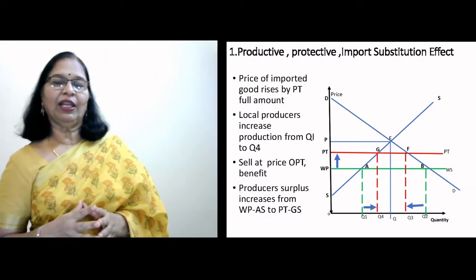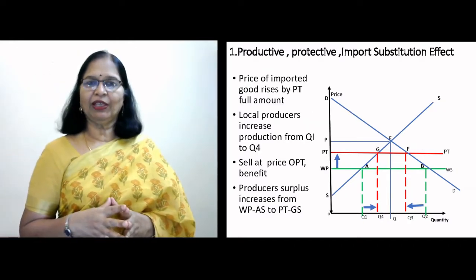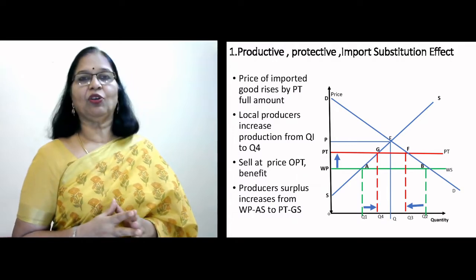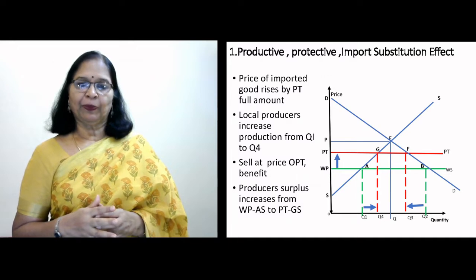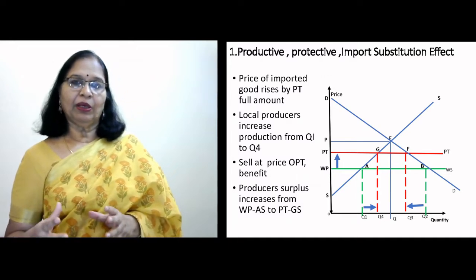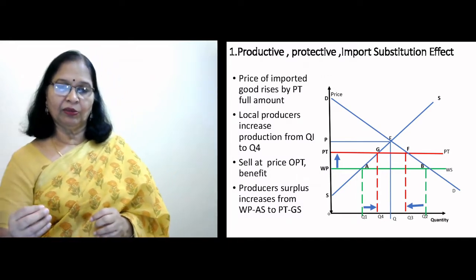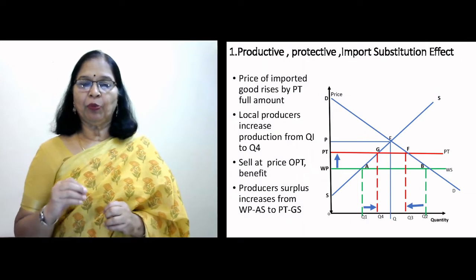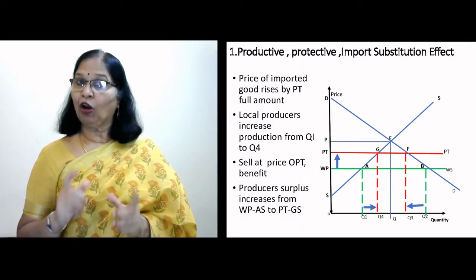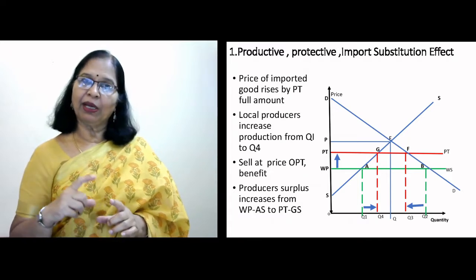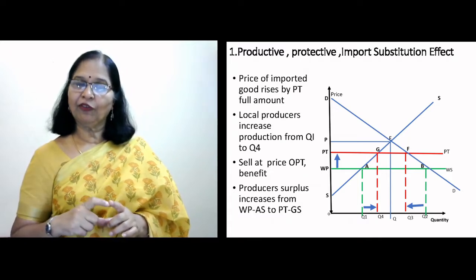The first one is called the productive effect, also known as the protective effect, also known as the import substitution effect. Now follow the diagram. The imported price of goods will rise. By how much? It will rise by the tariff. How much is the tariff?